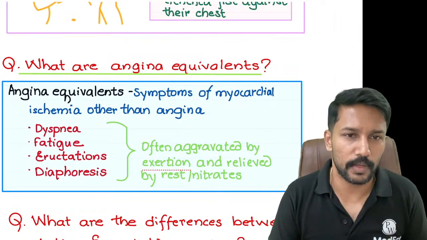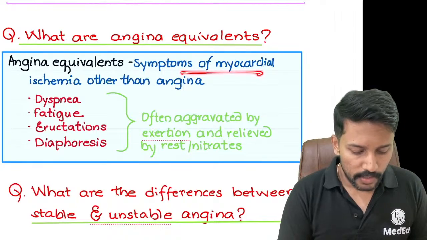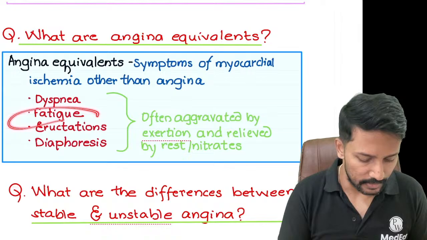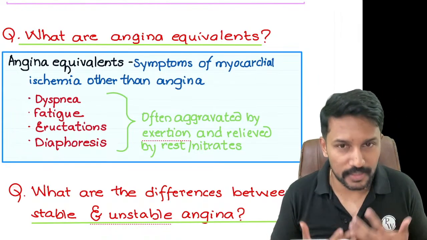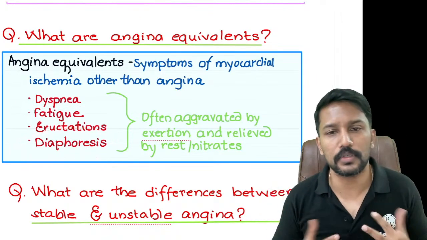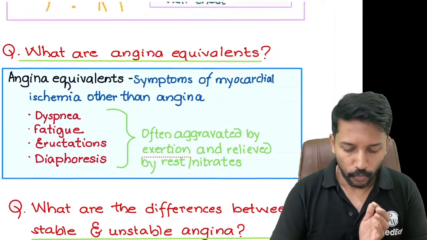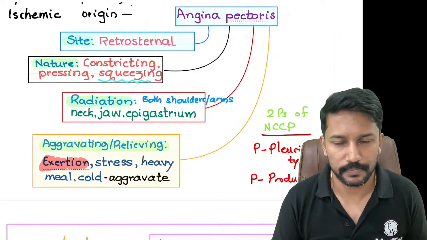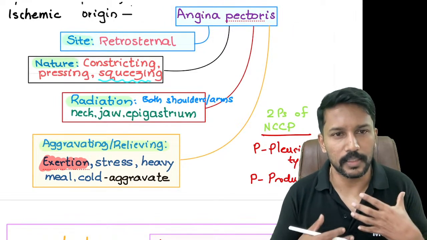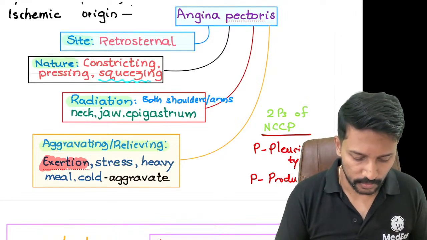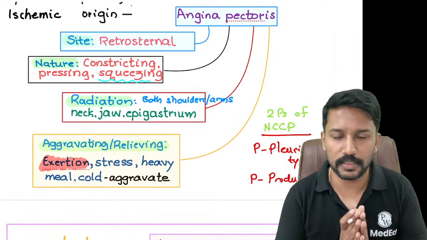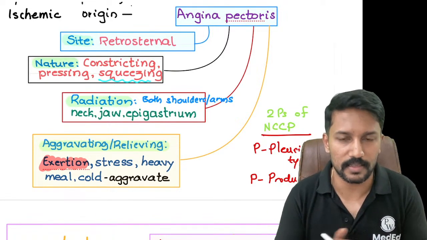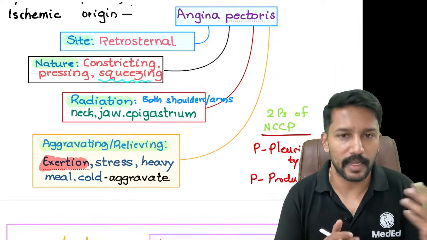What are these angina equivalents? These are symptoms of myocardial ischemia other than angina, and it includes dyspnea, fatigue, eructations or some kind of chest uneasiness, and diaphoresis or profuse sweating. If these symptoms follow the similarities of the angina pectoris that we described, like the symptoms are usually aggravated on exertion, relieved by rest, then we can consider them as angina equivalents in a patient who has high risk for coronary artery disease, like family history, dyslipidemia, hypertension, diabetes mellitus, right?